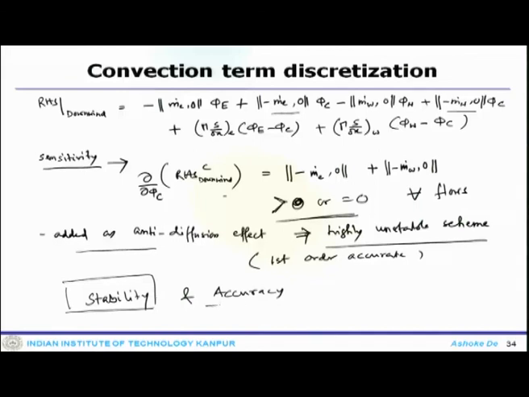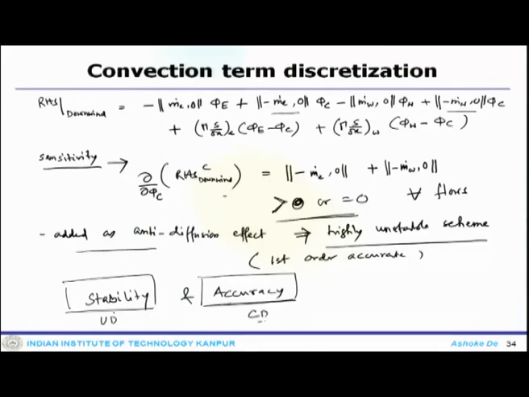But an accurate scheme is not necessarily always stable, and the other way around, a stable scheme like the first order upwind cannot be accurate. The upwind scheme is stable but does not provide an accurate solution.